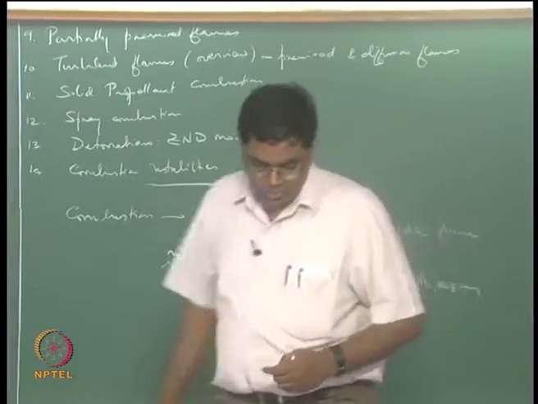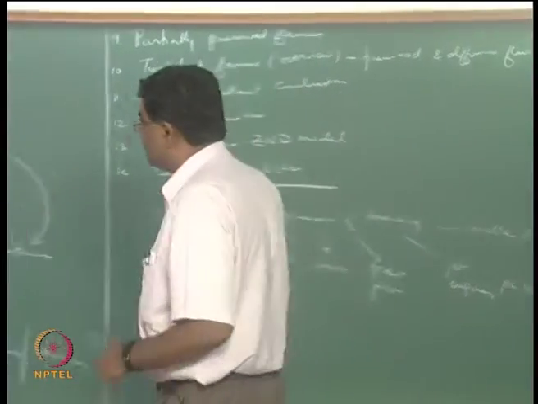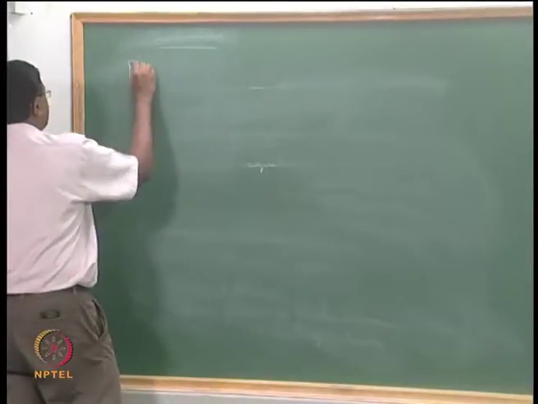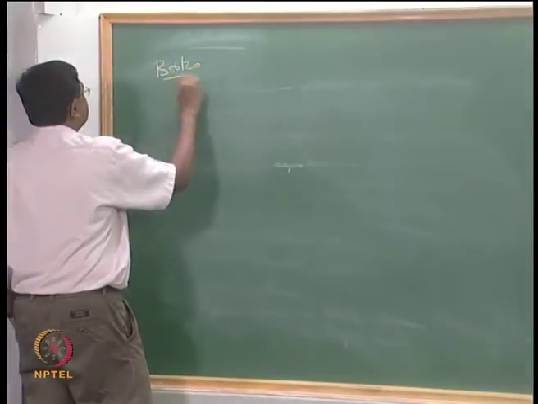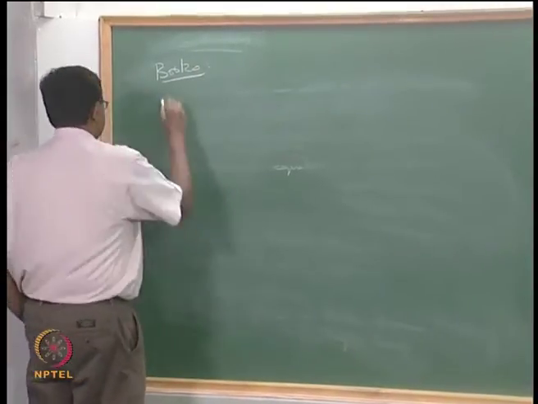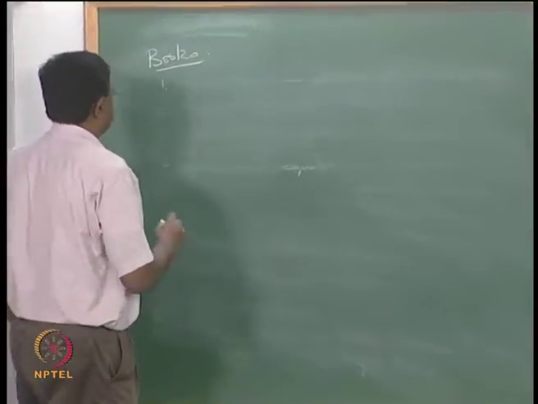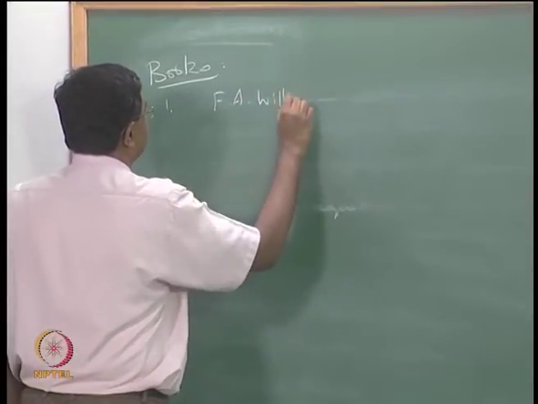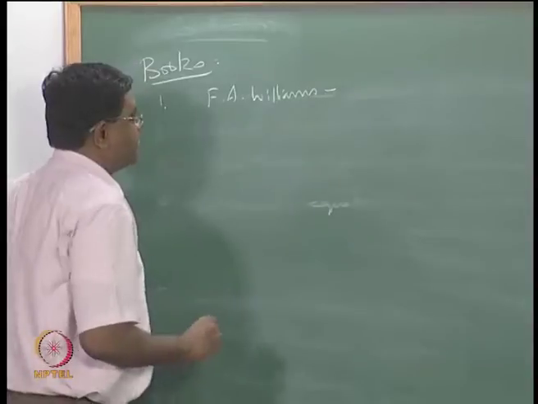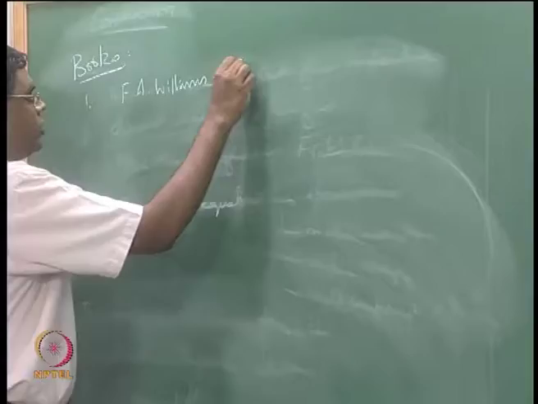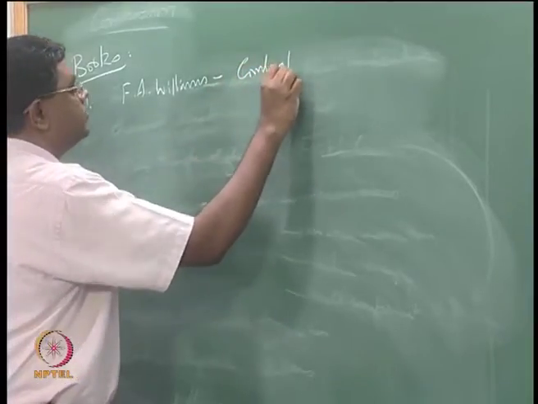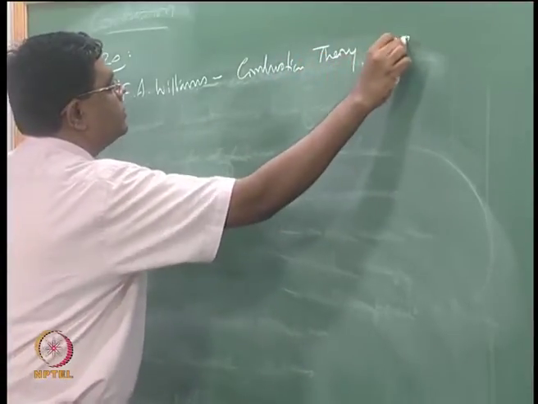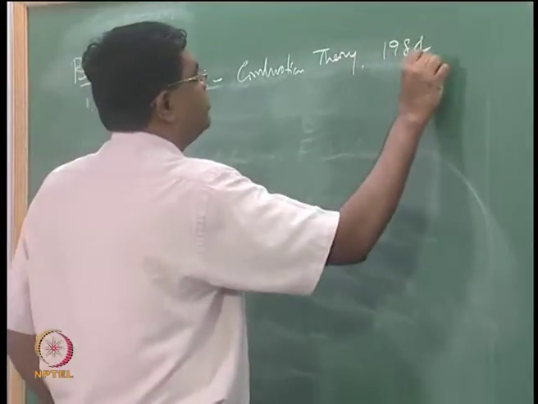I also want to talk a little bit about the books that we want to go through. Let's talk a little bit about books. The first book that I would obviously look at is Williams, Combustion Theory. I think the second edition came out in 1984.